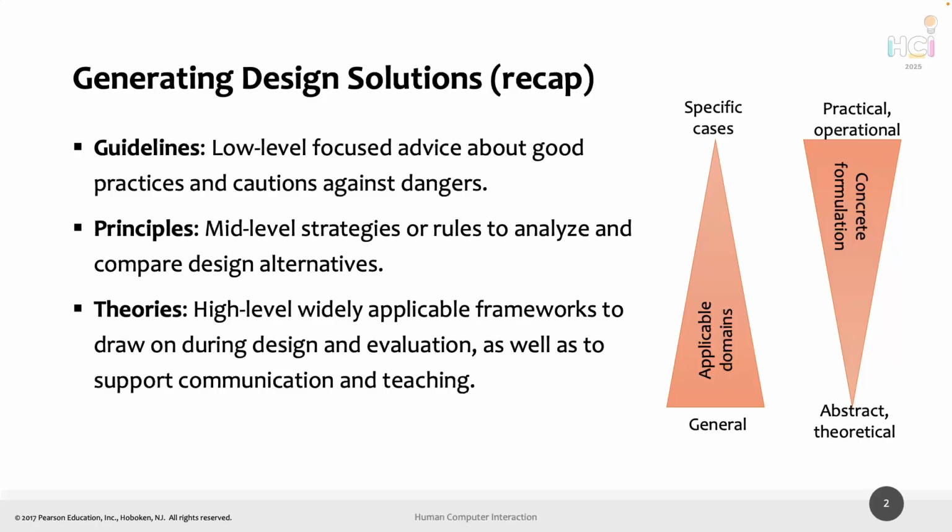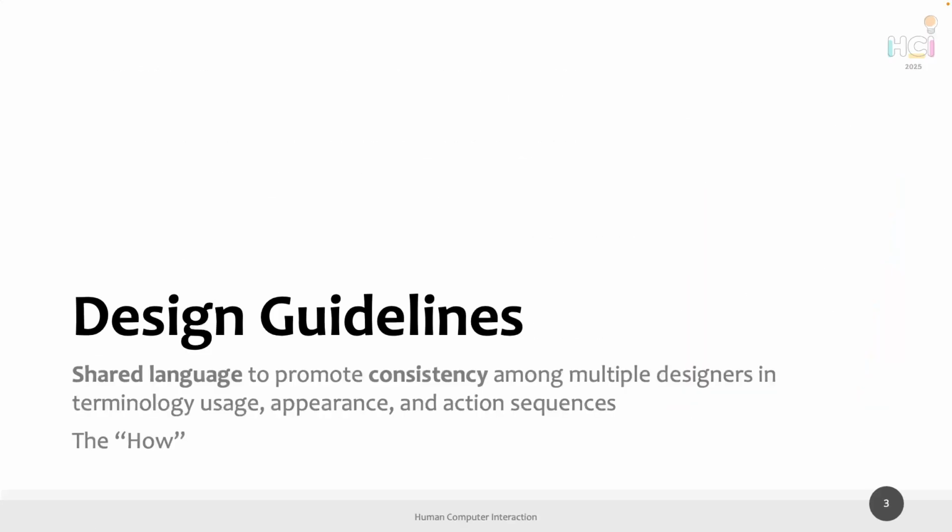They typically are for a specific device, like for example mobile, but not only a device, maybe also a specific operating system. We will see some examples by Google. So they fit in a specific context. And of course, design guidelines can also be seen as a shared language to promote consistency among different designers.